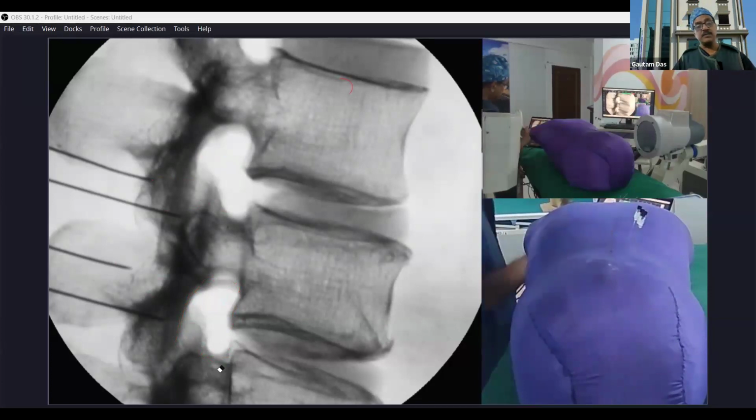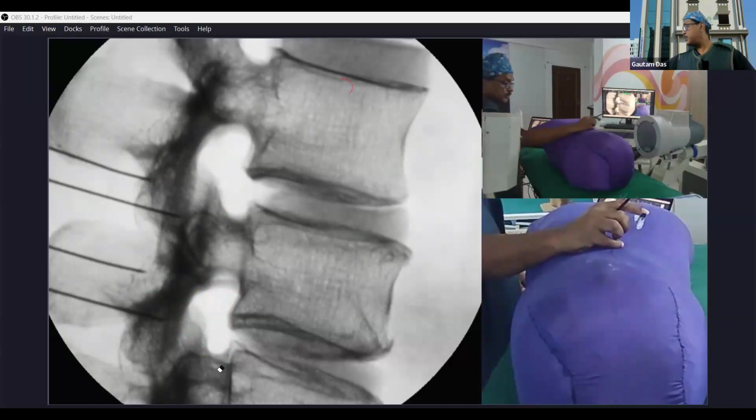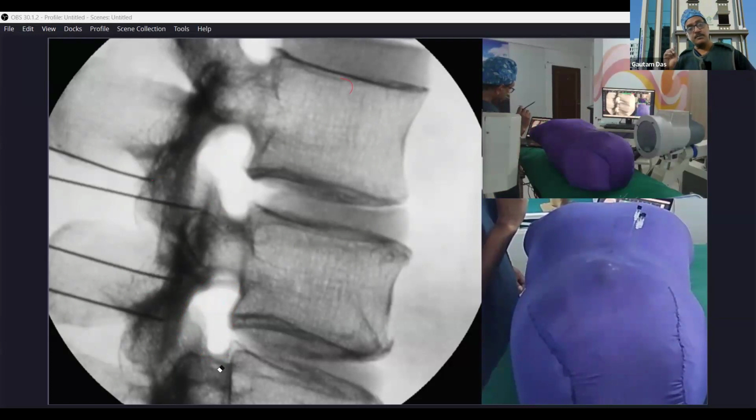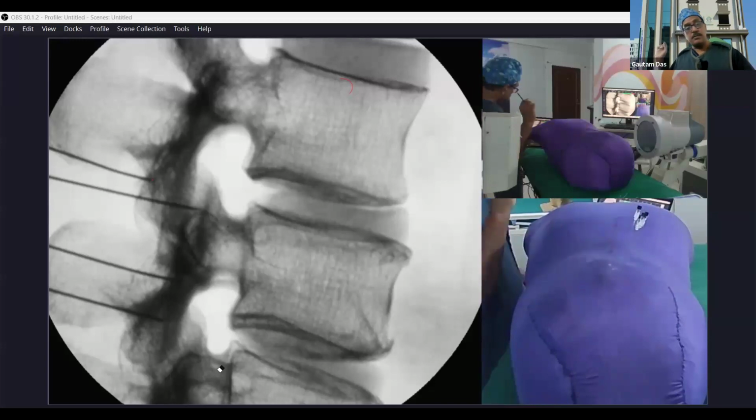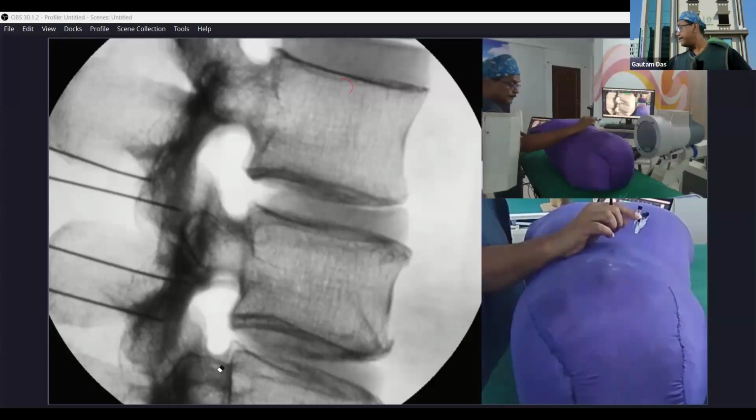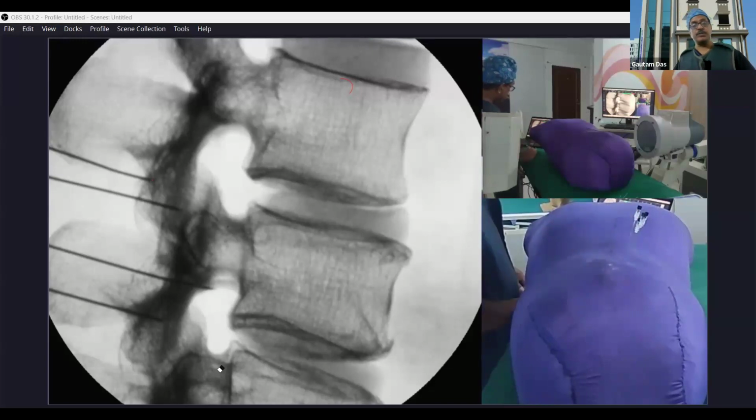How much shall I advance? I should be coming up to the posterior part of the foramen. Okay, this much.